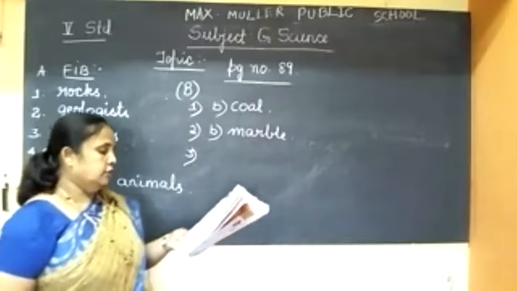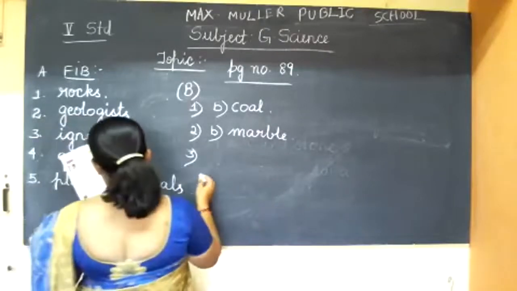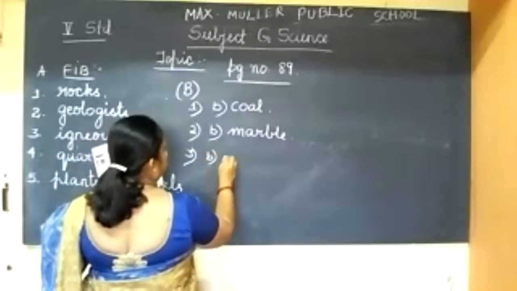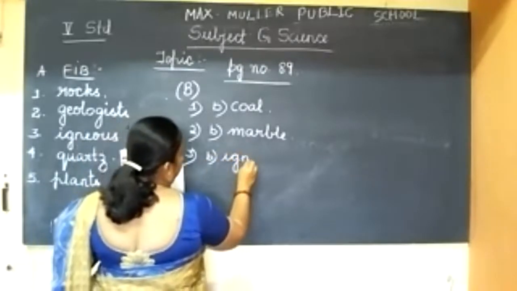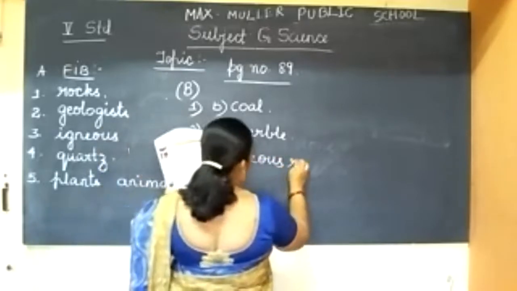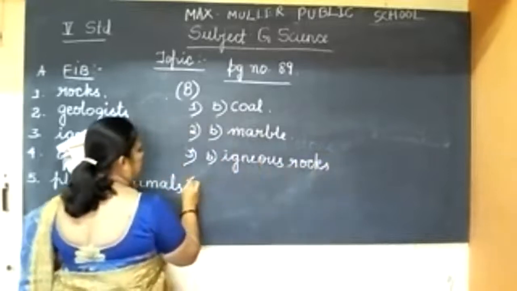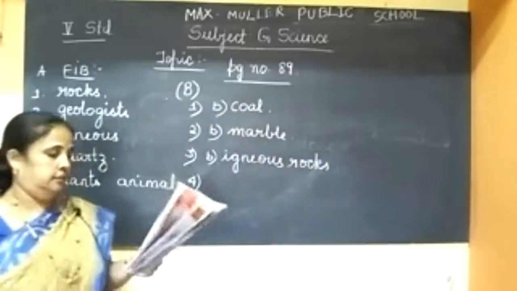Third, the rocks formed by cooling and hardening of lava are, just now we wrote, is it not? Again, this also is B, igneous rocks. So you have to put a tick in the box. I am writing the options here, but you have to put a tick in the box.